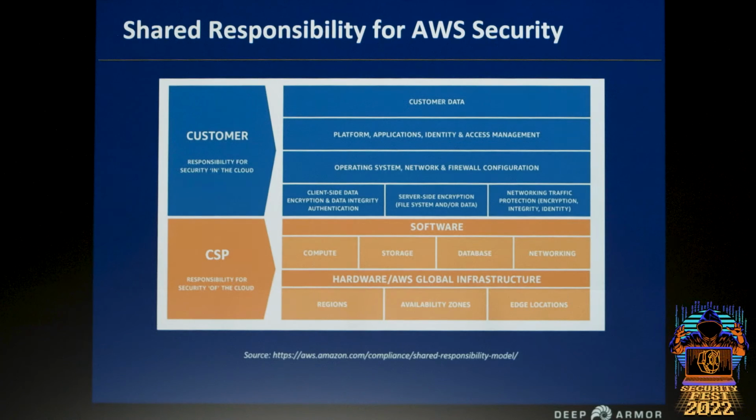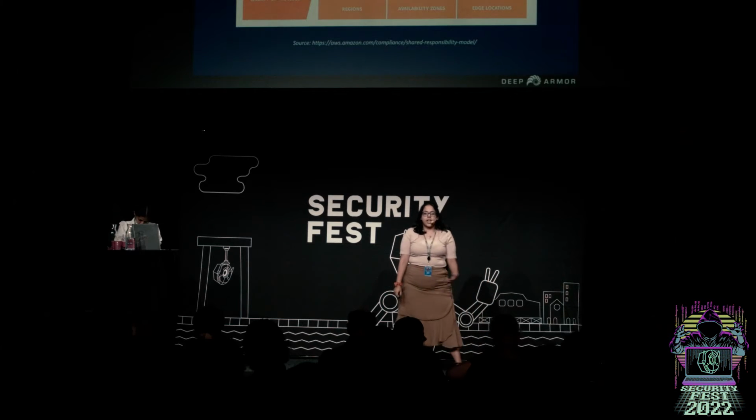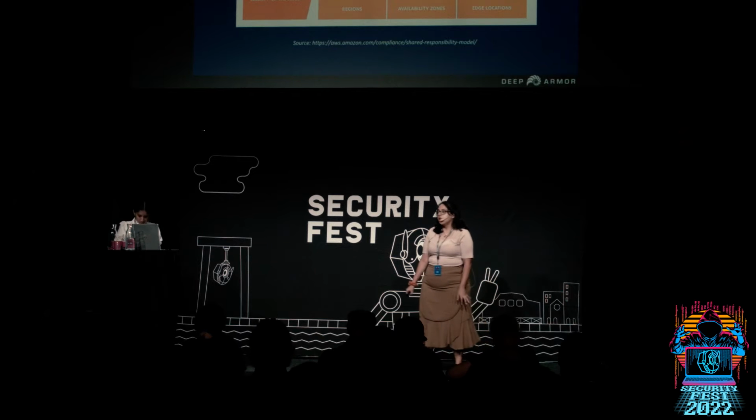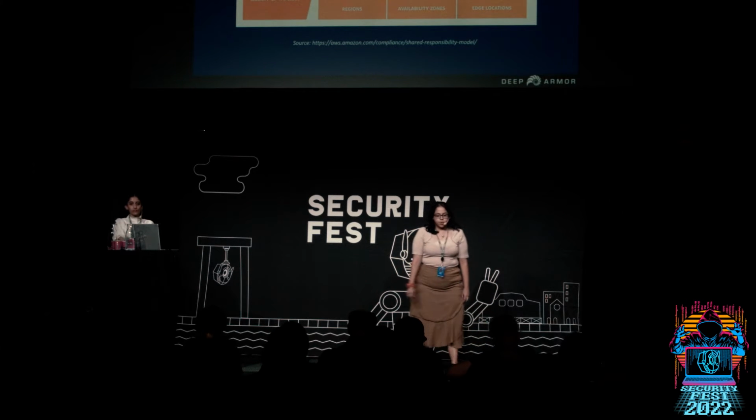Security of the cloud is provided by the cloud service provider, here AWS. It provides security to your infrastructure, your hardware, your software, your networking. AWS makes sure all your services like S3 or RDS are secure. The second part is the security in the cloud. That's the customer's responsibility.